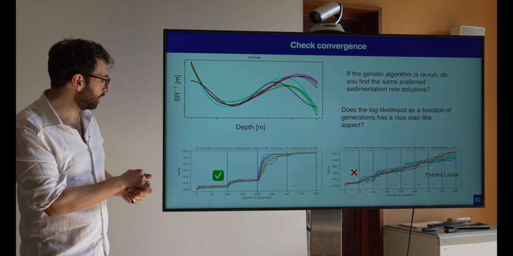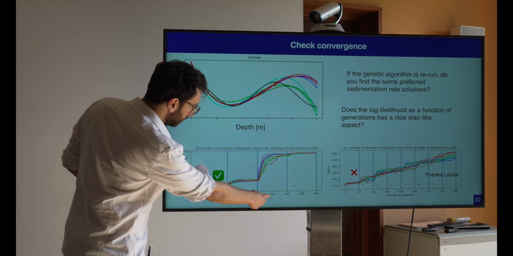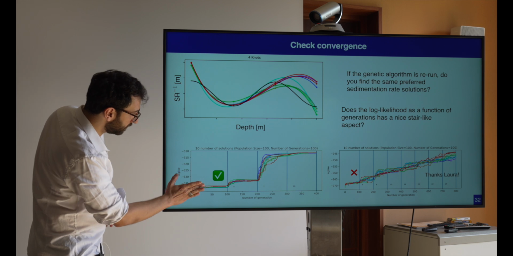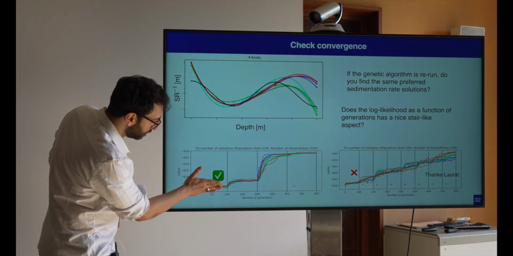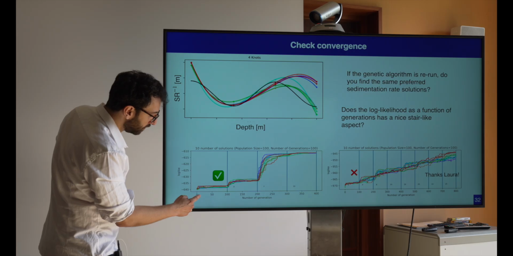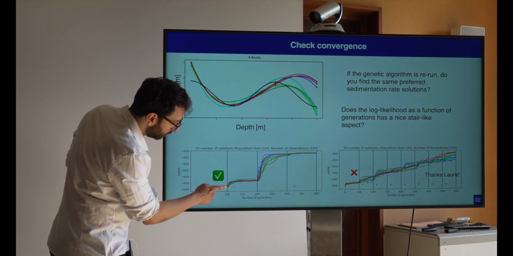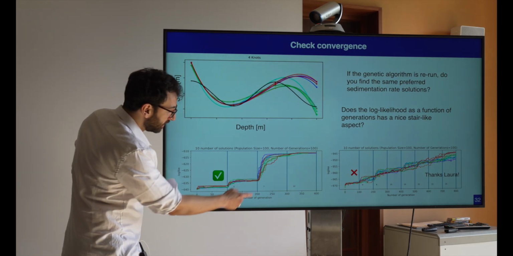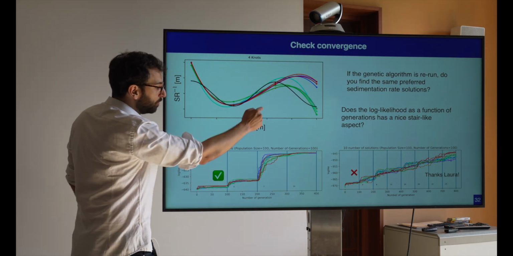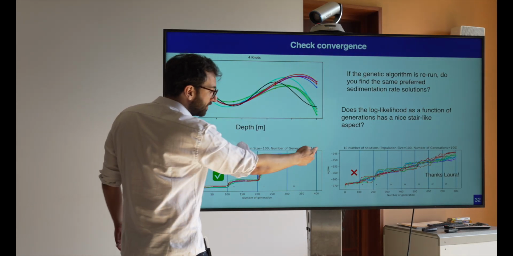Also, another thing you can look at is the aspect of the likelihood as a function of the number of generations. And what you want is a nice stair-like aspect. For a given number of nodes, you want to reach a point where the solutions don't evolve anymore. If you keep increasing the number of nodes, you will always have a step, which will become smaller and smaller, but you will always have a step.